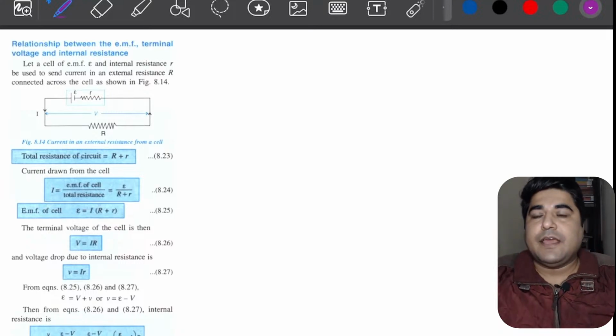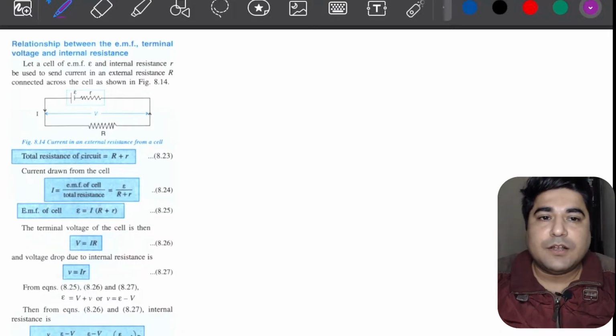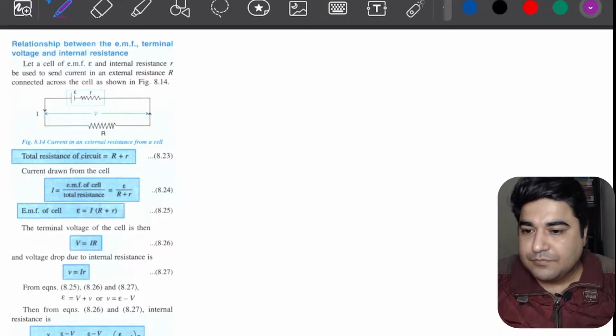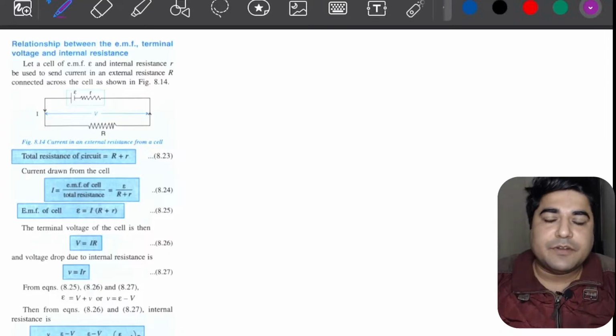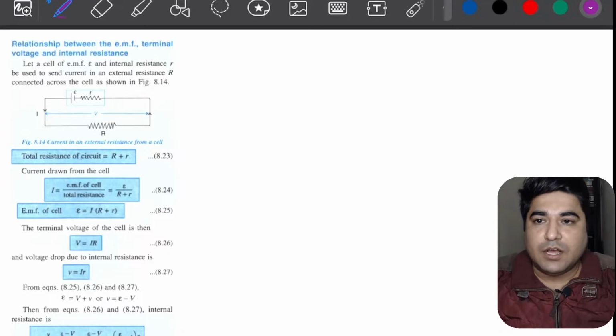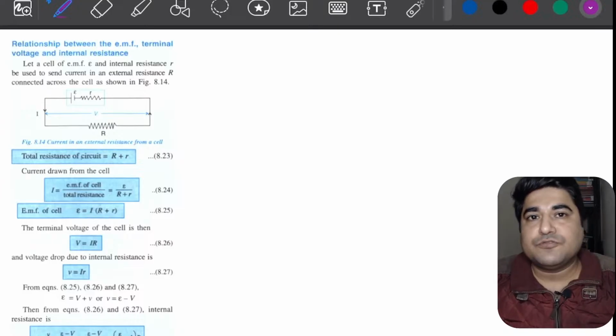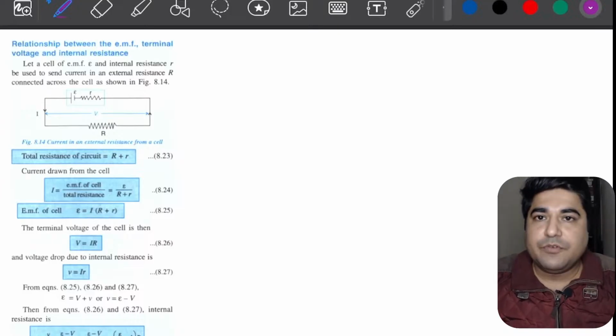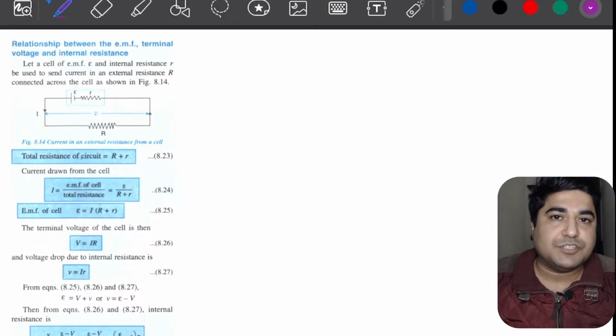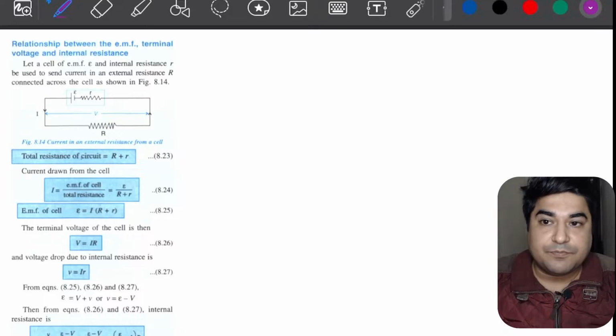Now we have come to the most important part of the entire discussion. We already know the different values and their meanings, and now we need to rearrange them into a form applicable to our questions, which is very important.